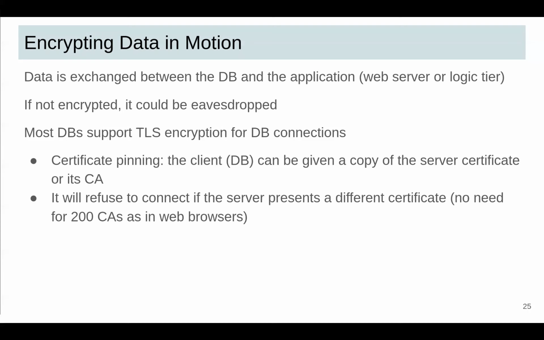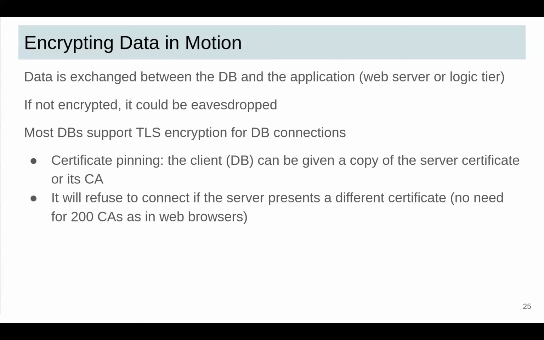One thing that we do that is different from the web is that you would usually do some form of certificate pinning. The client can be given a copy of the server certificate or of its certificate authority. For your application, you can just lock on the actual database that you are using by doing a one-to-one match.